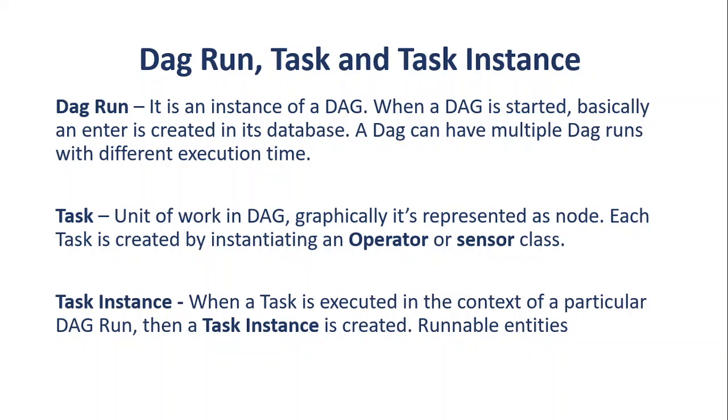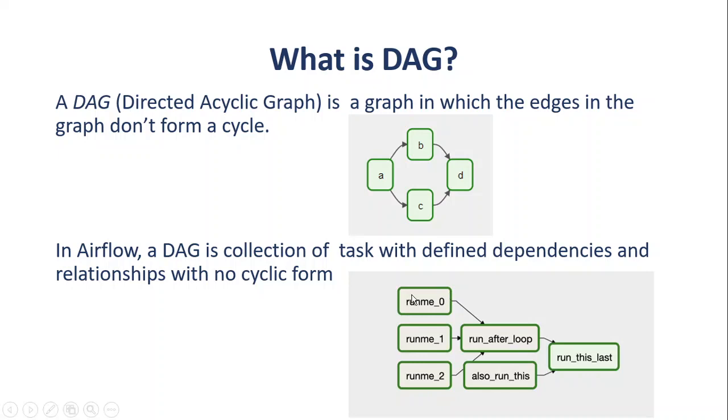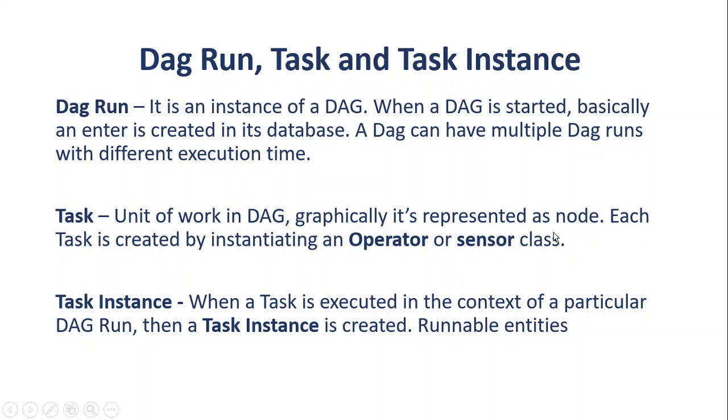Graphically it is represented as a node, and a task is created by instantiating an operator or a sensor class. In the real world, people use task and operator interchangeably, and the same with sensor. A sensor is a special type of operator; we'll talk about that too. But basically, it's a unit of work which we are doing in our Python script.